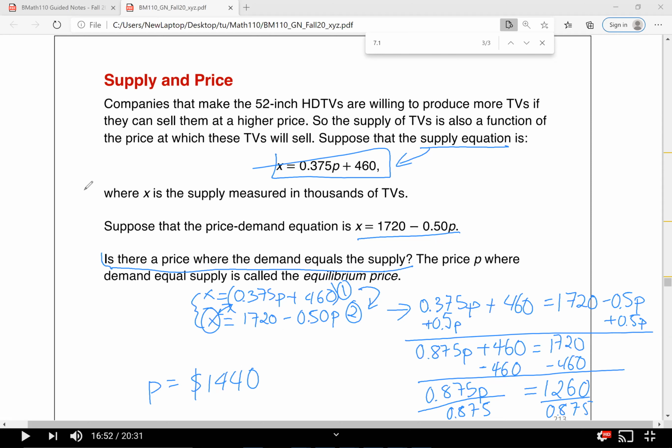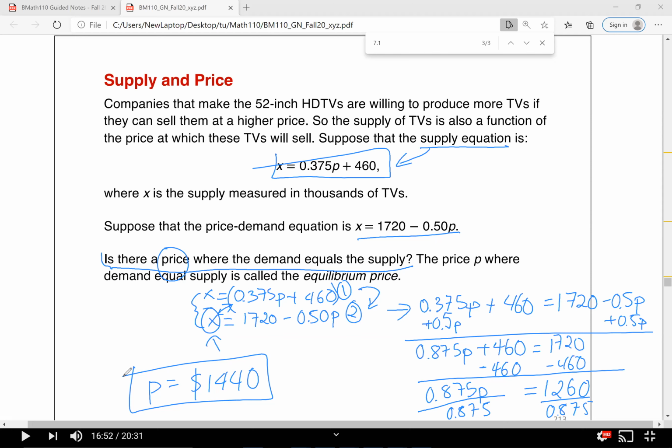In this case, we need only the price, but we don't need the number x, so I'm just going to say the price is this.